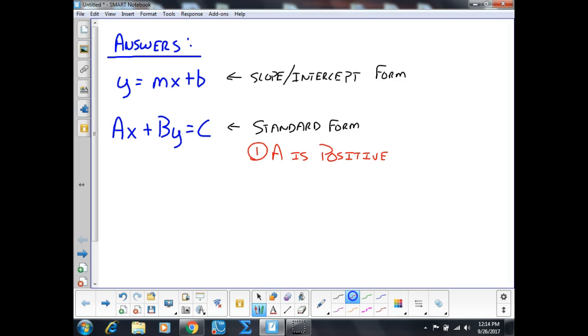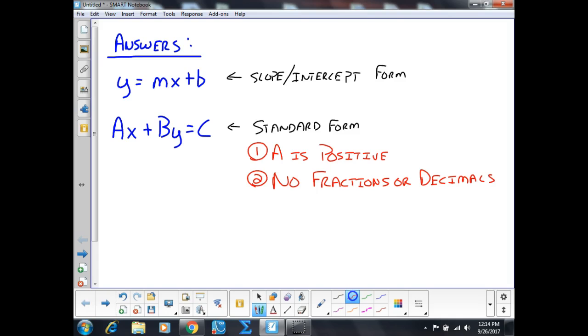What's the other one? No fractions or decimals. Okay, so those were the two forms of your answers.